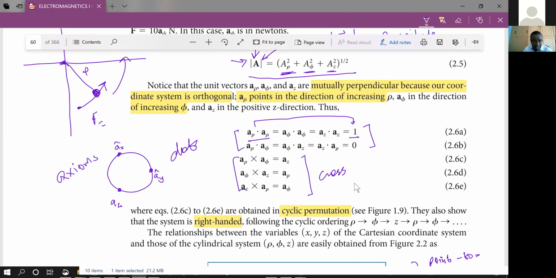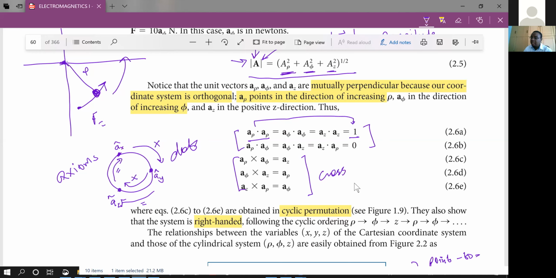And you follow cyclic permutation by saying that AX cross AY is equal to AZ. Then you can start somewhere else. You can also say that AY cross AZ is equal to AX. So this is the equal sign, this is the cross sign.